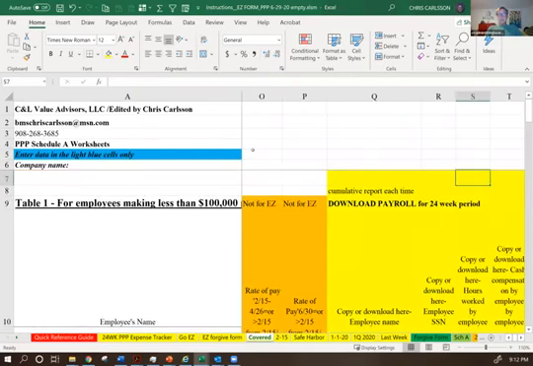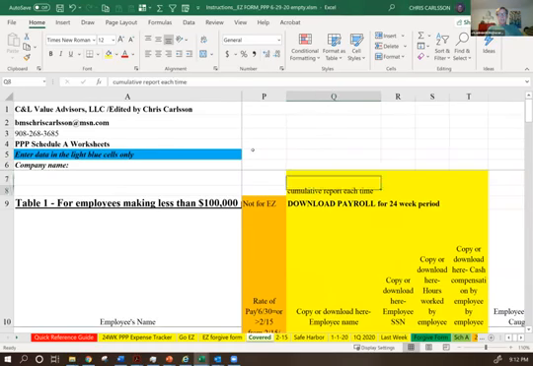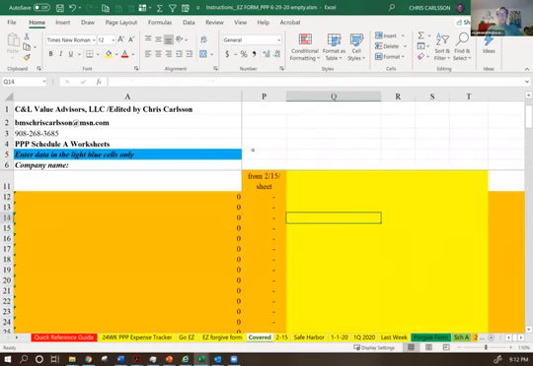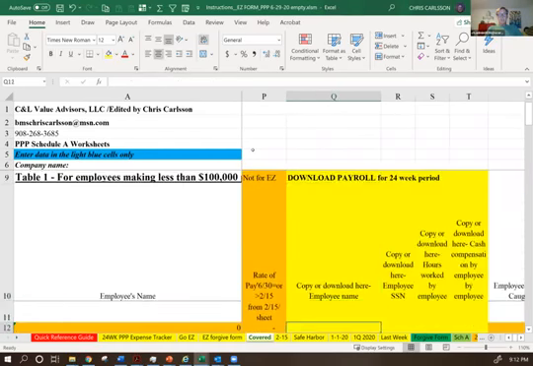So here in this yellow field here is where we download the payroll. So I'm going to just go into our covered payroll here, where I show you from our payroll report. I'm going to copy and paste. Okay, could be faster. Oh, come on, there we go.